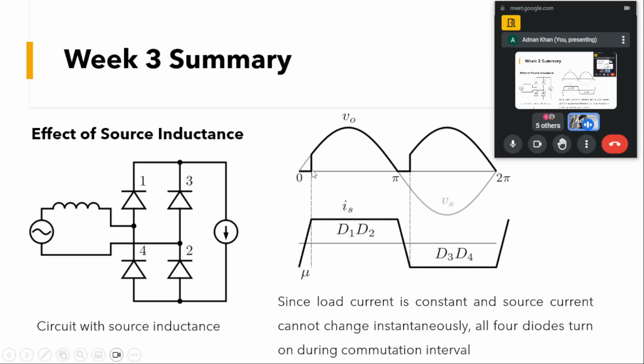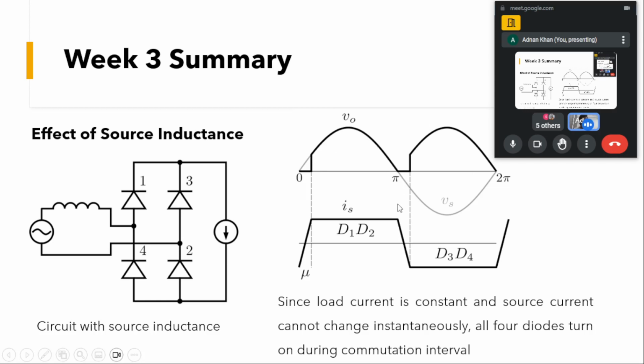In this portion the output voltage will be 0, and as soon as the current is transferred from one set of devices to the other, there will be output voltage, as you can see. A similar thing happens after the pi interval.